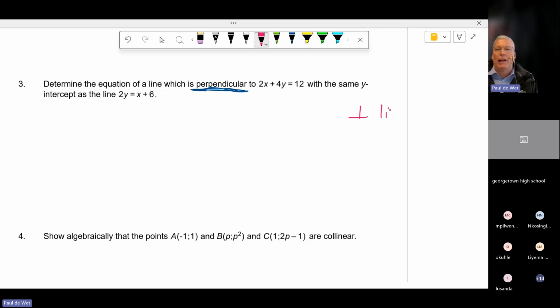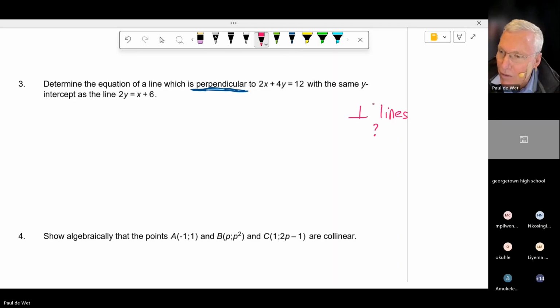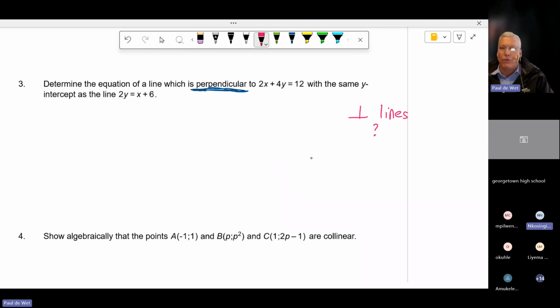Who can tell me about their gradients? The product of the gradients is -1. So, for example, 2/7 would be perpendicular to -7/2. To find a perpendicular gradient, you turn it over and you change the sign.